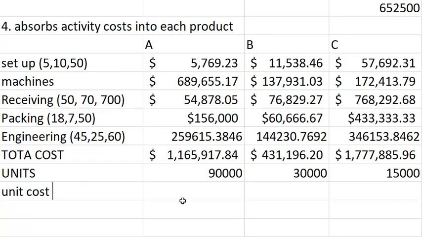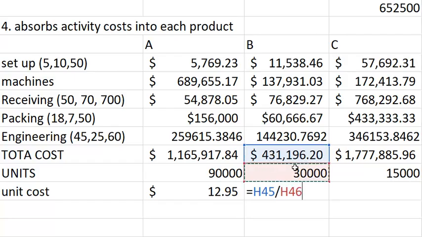Now to find the cost per unit, we'll just be dividing the total cost by units. Total cost by units. Okay.